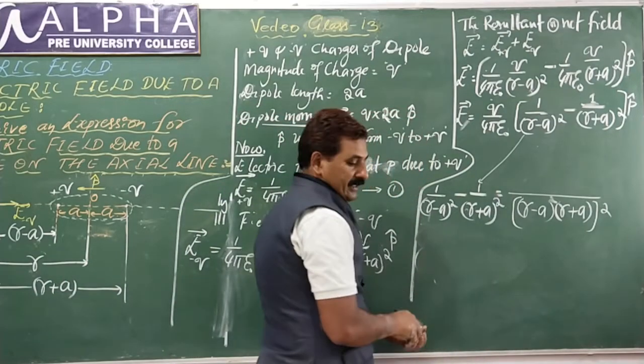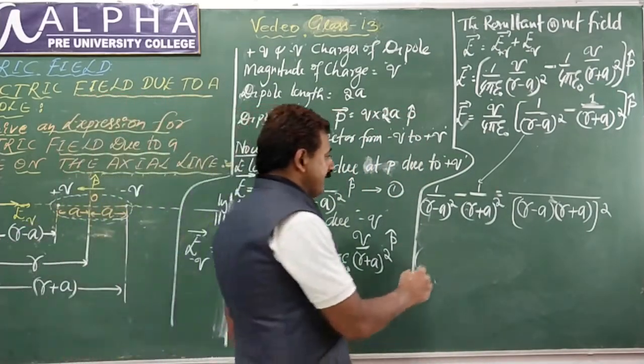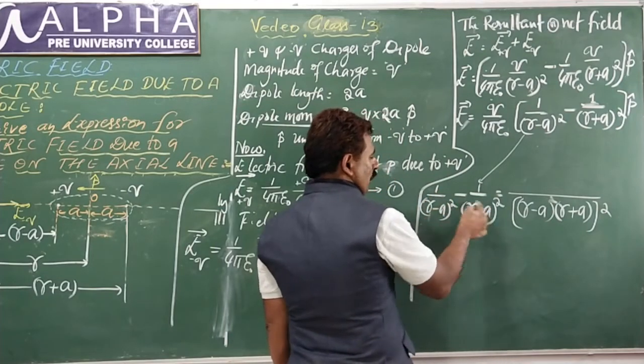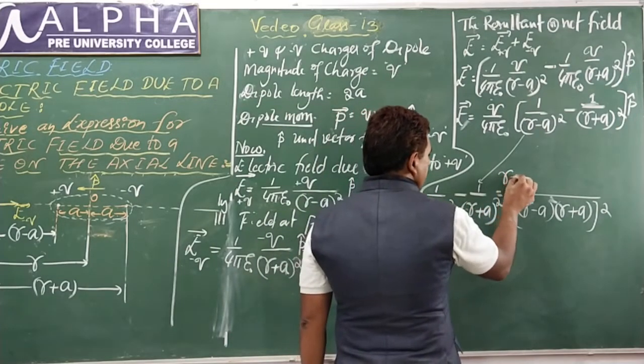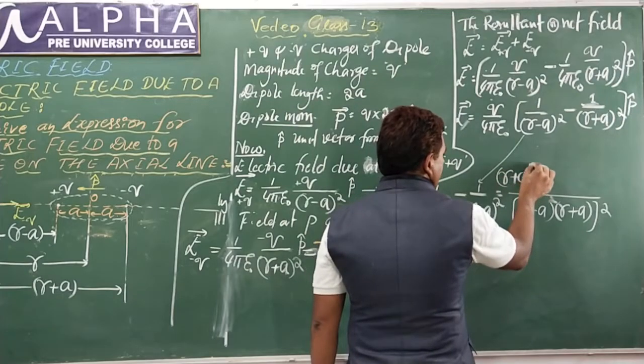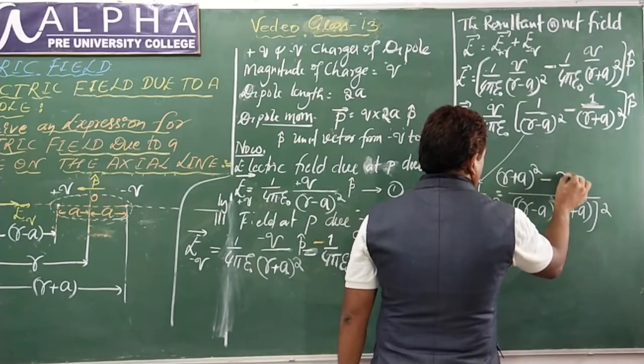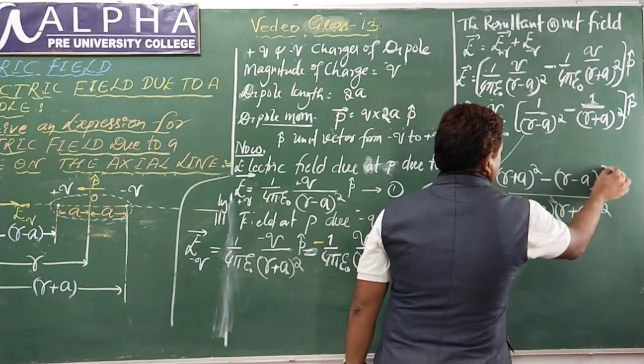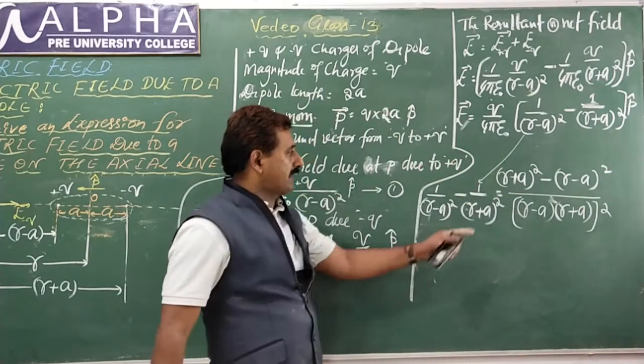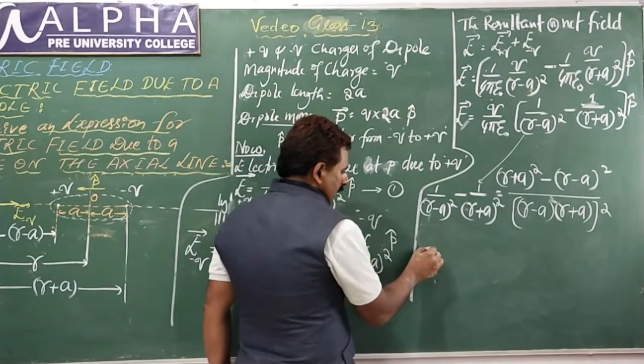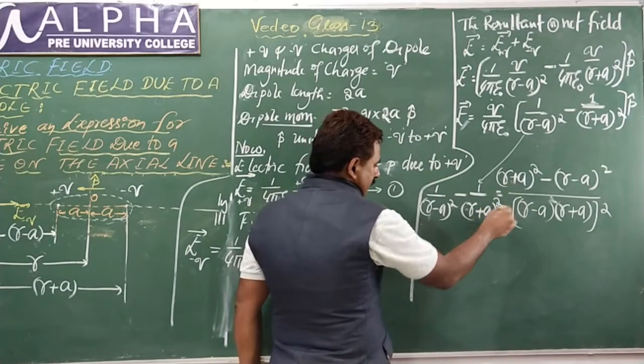Now, the numerator term. What is the numerator? Just cross multiply, not how to take LCM. R plus A whole square minus R minus A whole square. We need to expand the numerator.